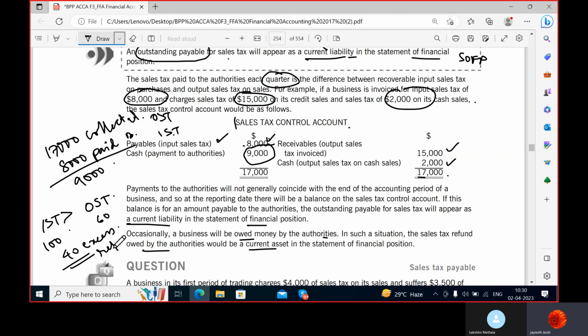Whenever this excess is paid by us, we will get a refund from the sales tax authorities, and this will be shown as a current asset. Until it is paid, the payable is a current liability, and this 40 excess which we have paid will be shown as a current asset, because we are going to get it as a refund from the tax authorities. Are both current liability and current asset clear? Yes, ma'am, they are.